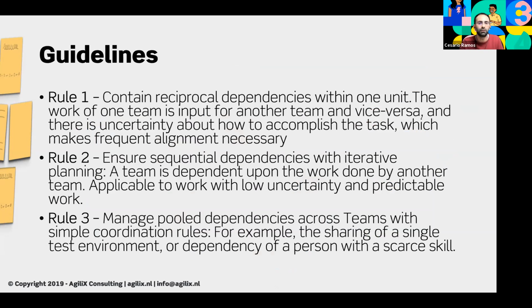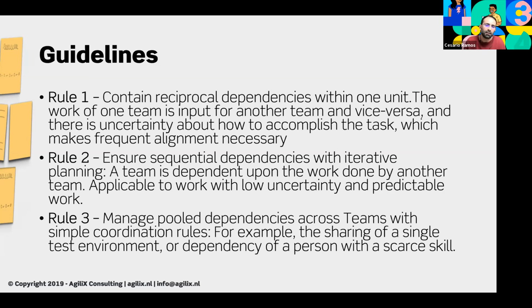You want to contain the reciprocal dependencies, and then if you have sequential dependencies which are less critical, which are less uncertain, we can maybe consider managing them with iterative processes, for example, but having them in a separate unit, and pooled dependencies.